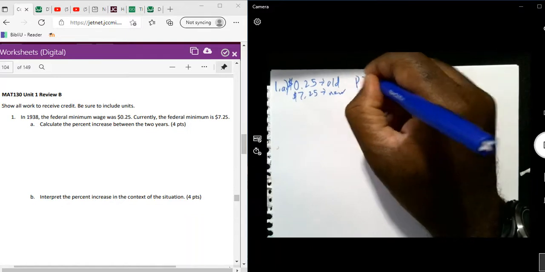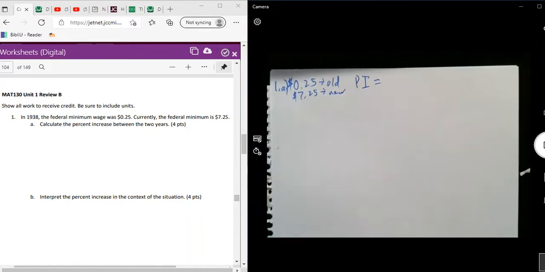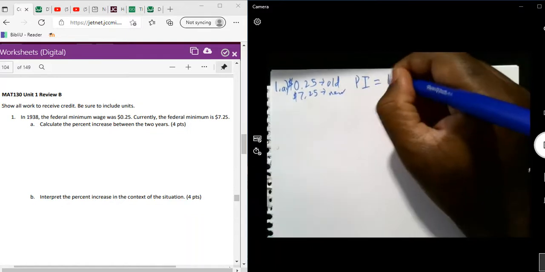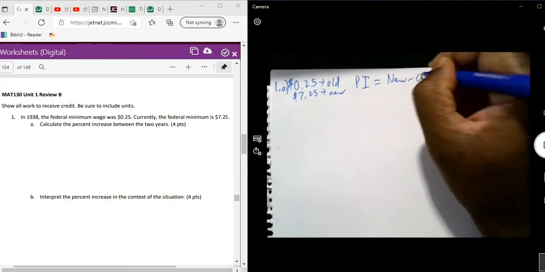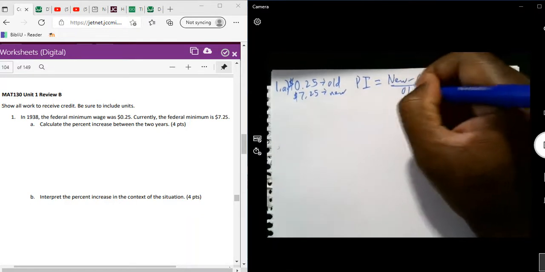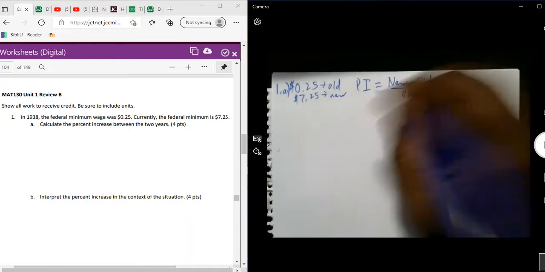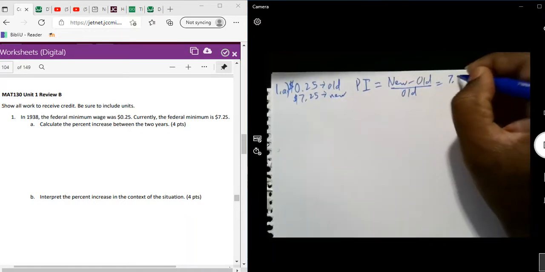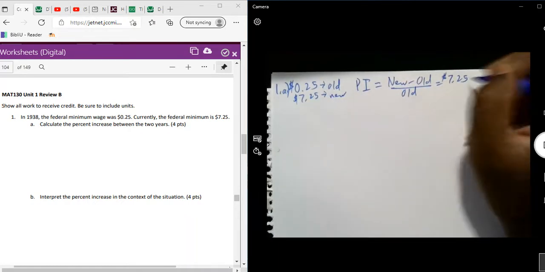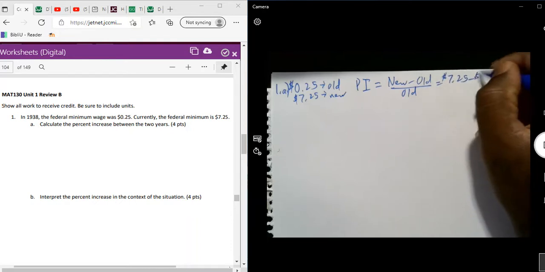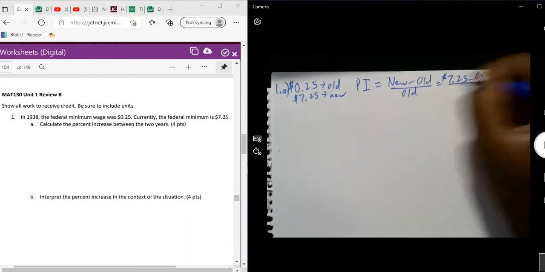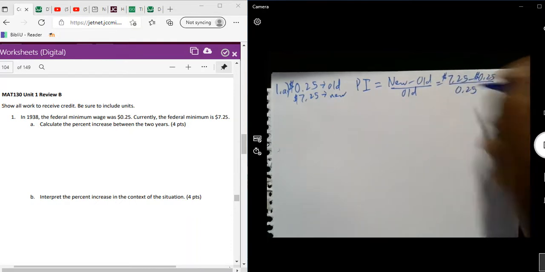I'm going to abbreviate by putting PI for percent increase. It's the new value minus the old value, divided by the old value. We established the new value is $7.25, and the old value is 25 cents.